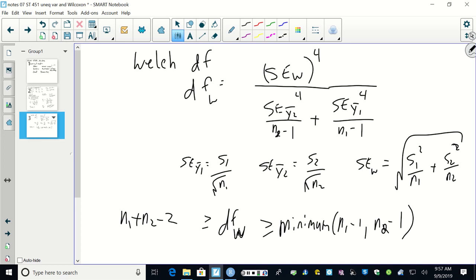The purpose of doing this is that if the variances really are unequal, the initial assumption used in the equal variance case gives us error rates that aren't near 5%. They're more. It makes mistakes more often under the null. But this one, because it's adjusting the degrees of freedom and accounting for the actual variance, gets closer to 5%.